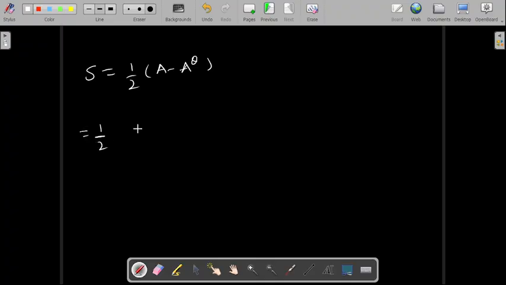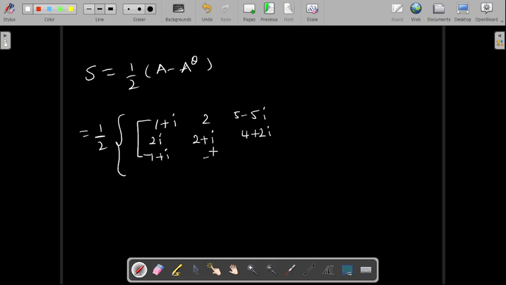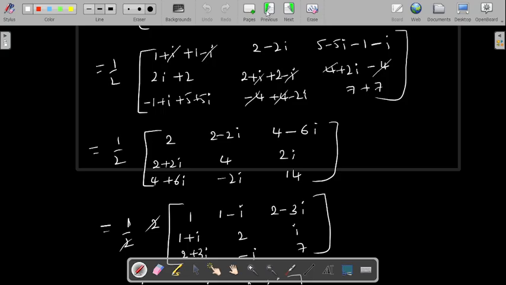So 1 by 2 times the A matrix: 1 plus I, 2, 1 plus I, 2, 5 minus 5I, 2I, 2 plus I, 4 plus 2I, minus 1 plus I, minus 4, 7, minus A power theta.